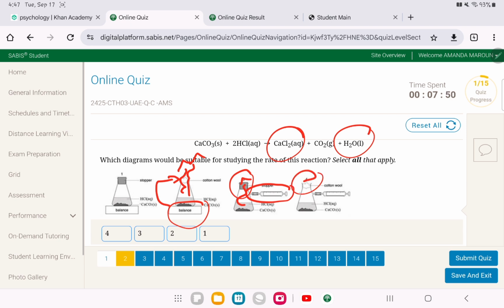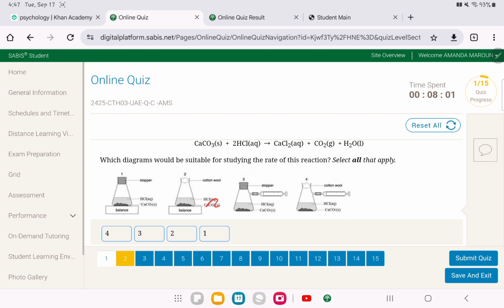Because if we had a cotton wool, the gases would escape. So what's the point of using the syringe to measure the volume if the gases already escaped from the cotton wool? So again, anytime we see balance, it comes with the cotton wool. And anytime we see the syringe, it comes with the stopper. So the two diagrams suitable for studying the rate of this reaction are 2 and 3.